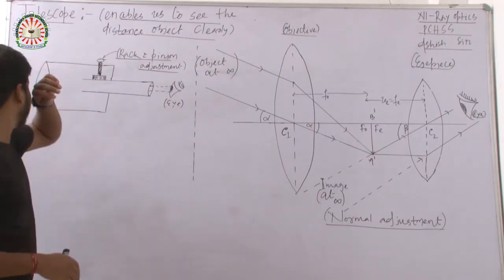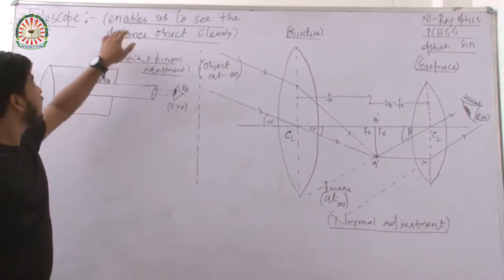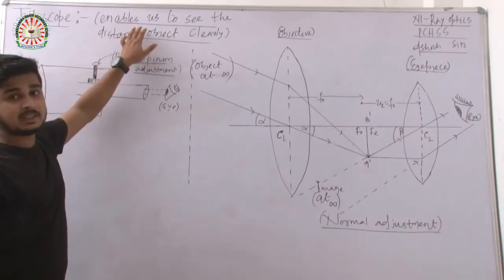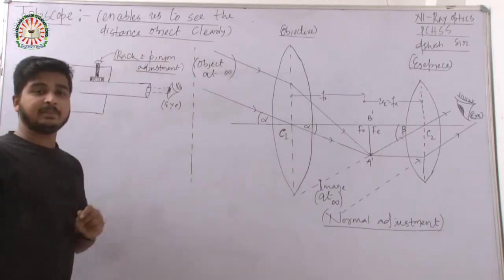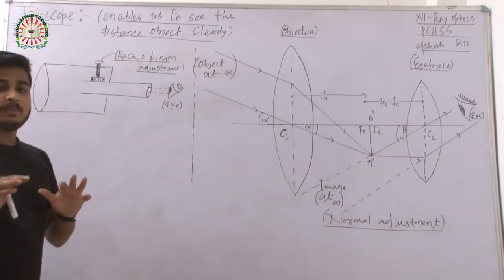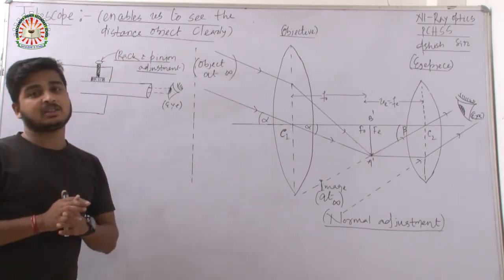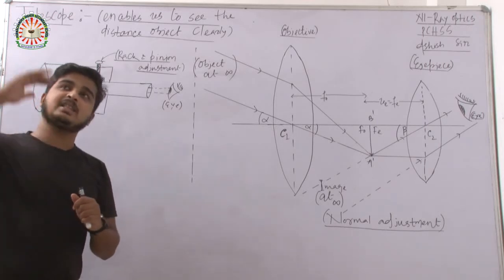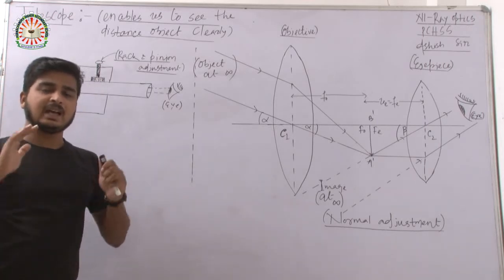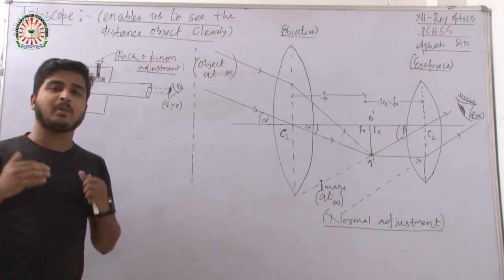So dear students, what is a telescope? A telescope enables us to see distant objects clearly. It means the planets, the stars, the asteroids, the comets, which are known as heavenly bodies, that are very far away from us.